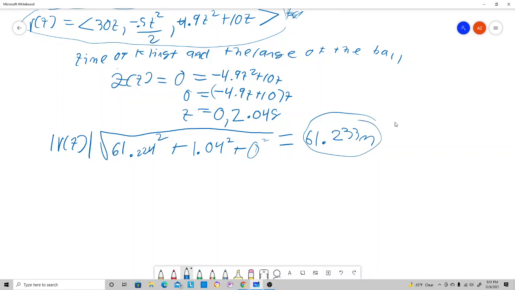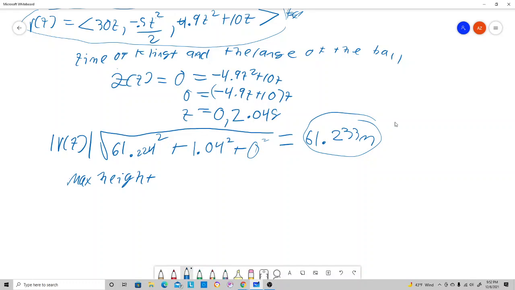Okay, so now all we've got to do is find the maximum height of the ball. That's the last part. So how can we know that? Well, the max height, if you remember, is found using the derivative of the position in the z direction.